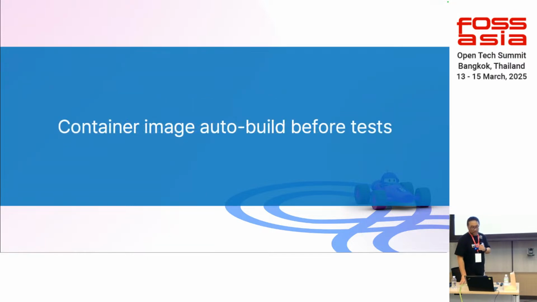Also, we are going to test the container image auto build process, right? Testcontainers doesn't build a container image by itself. We have to provide the container image to Testcontainers. So during our practice, we are automating the container image build process within the MSBuild.